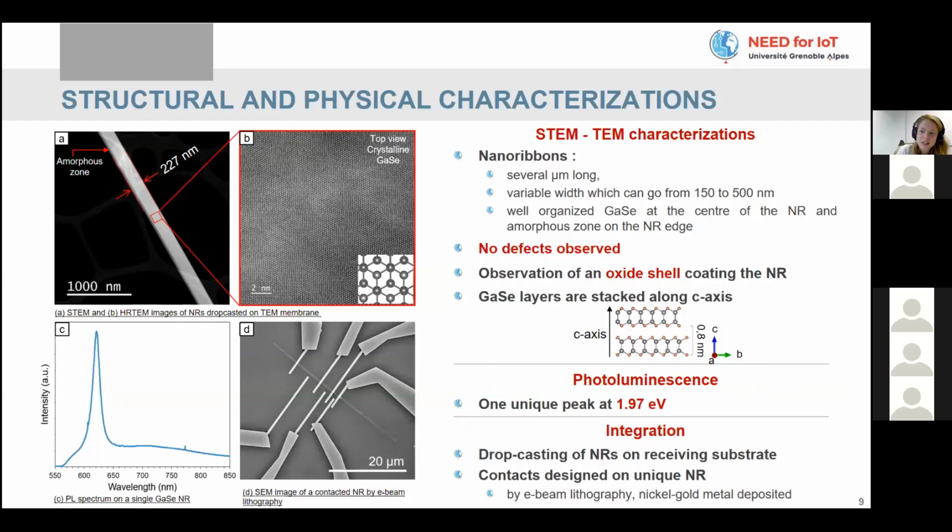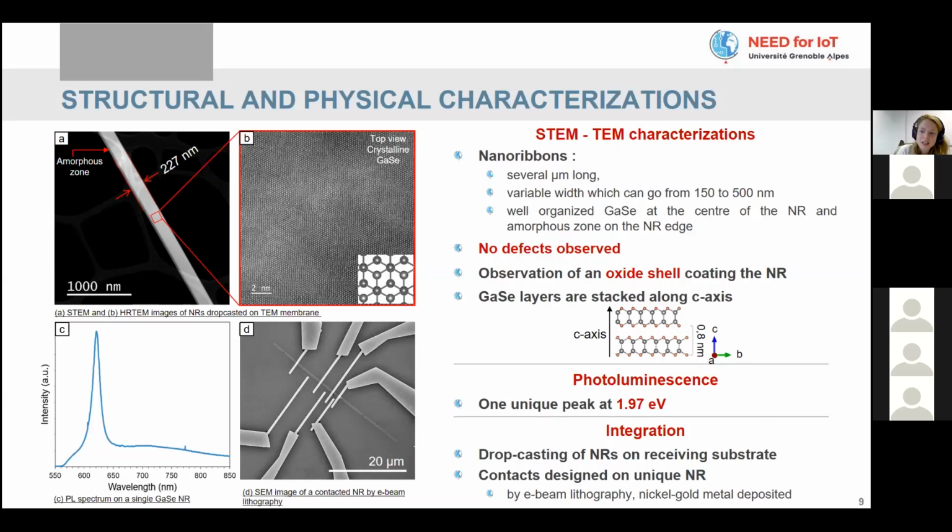We have led PL, photoluminescence, characterization on several nanoribbons and found for every characterization one unique peak at 1.97 electronvolts, which is really near the band gap energy of bulk gallium selenide, about 2 eV.